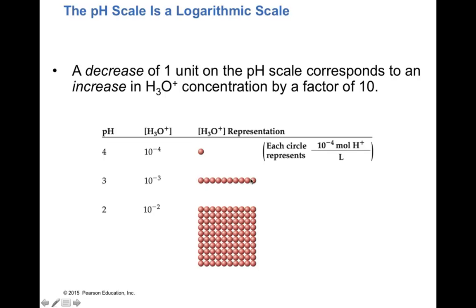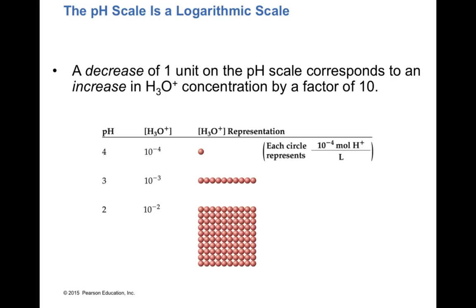Now if we decrease the pH by another unit, we increase the factor by 10 again. So now instead of 10, we have 100. That's why the lower the pH, the stronger the acid, because the logarithmic scale increases by a factor of 10 each time you lower the pH.